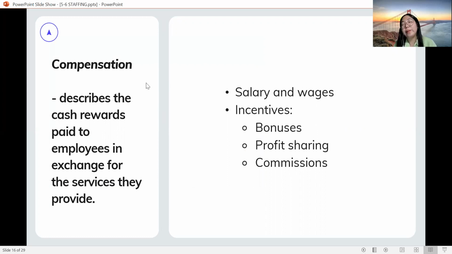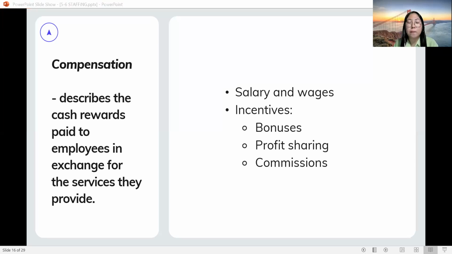So of course, ang compensation natin includes yung ating mga salary and wages, and also yung incentives natin, which are the bonuses, the profit sharing, and the commission. So kapag sinabi nating compensation, it may include yung tatlong yan, or itong salary, wages, incentive, and commissions natin.